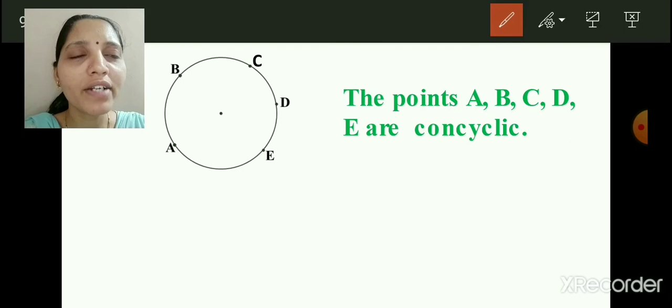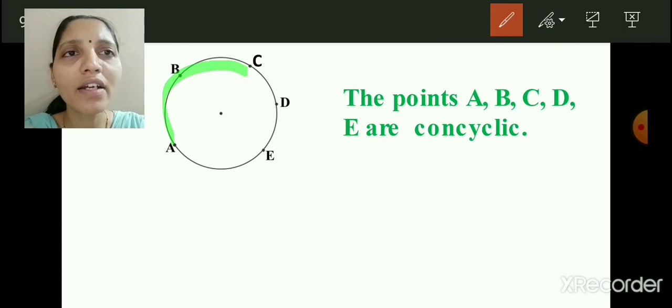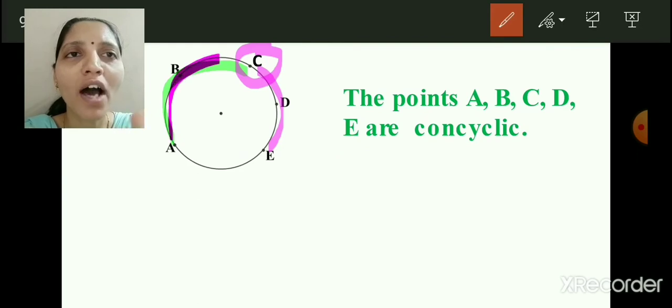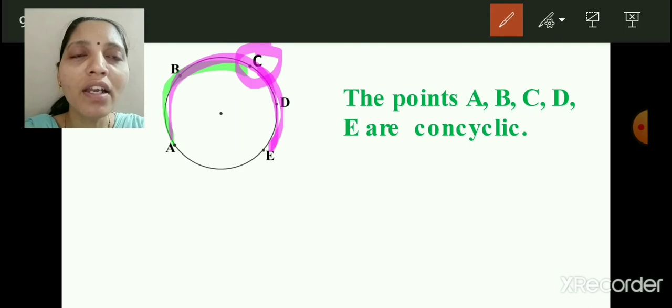Now let's consider two arcs, arc ABC and arc CDE. If you consider these two arcs, what you can observe here is that point C is the only common point for these two arcs. Such arcs, if you add them, you get the measure of arc ACE, the full arc's measure.